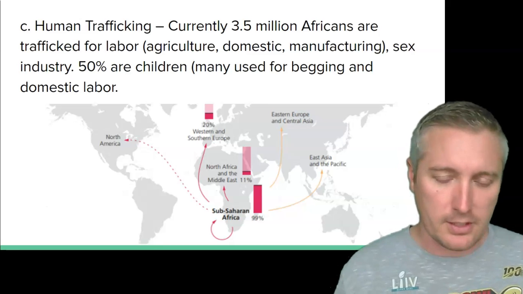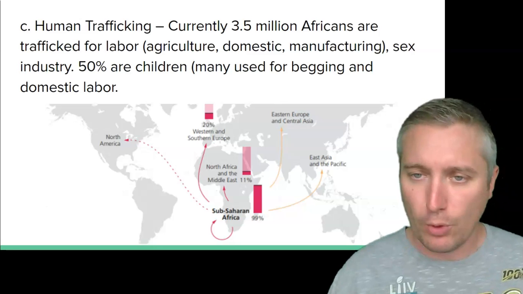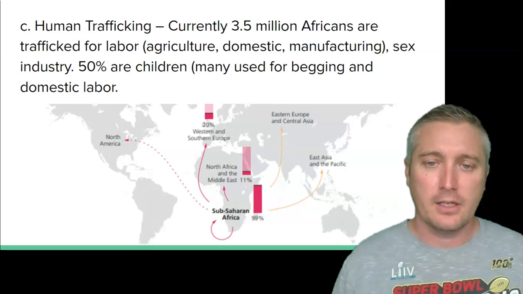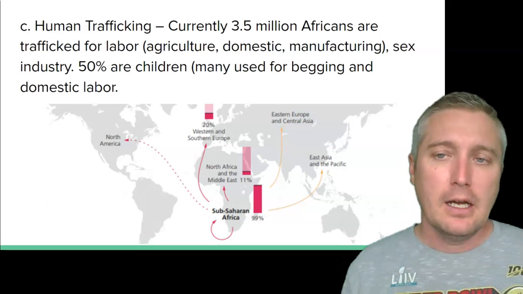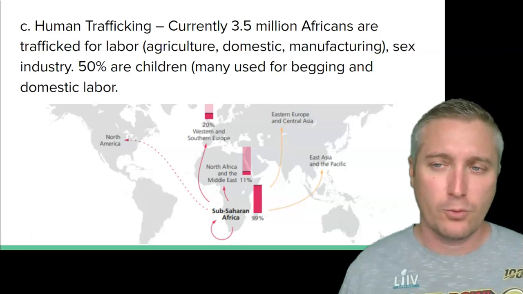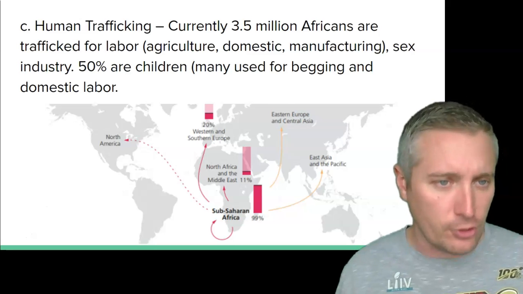For the most part, even though sometimes people may pay to be transported across borders or whatnot, ultimately a lot of human trafficking results in slavery. Currently, there are 3.5 million Africans who are being trafficked for labor. They are being used as manual workers, often in Europe.